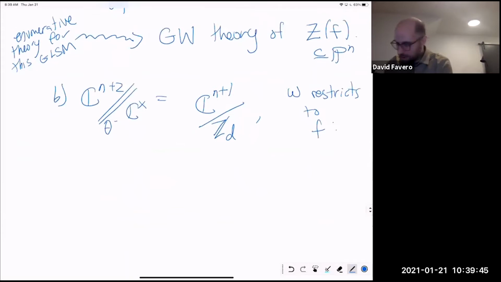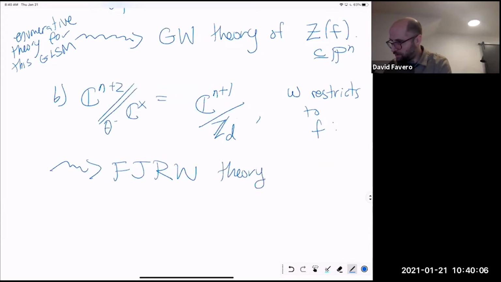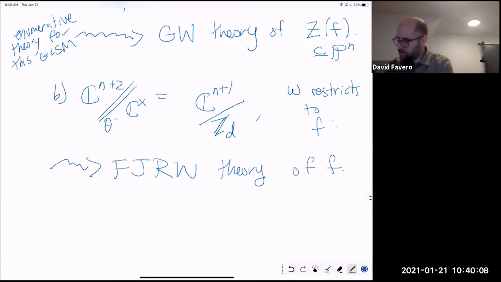So, e.g., before I go to my example, I should have said, this thing is FJRW theory of f. Okay.